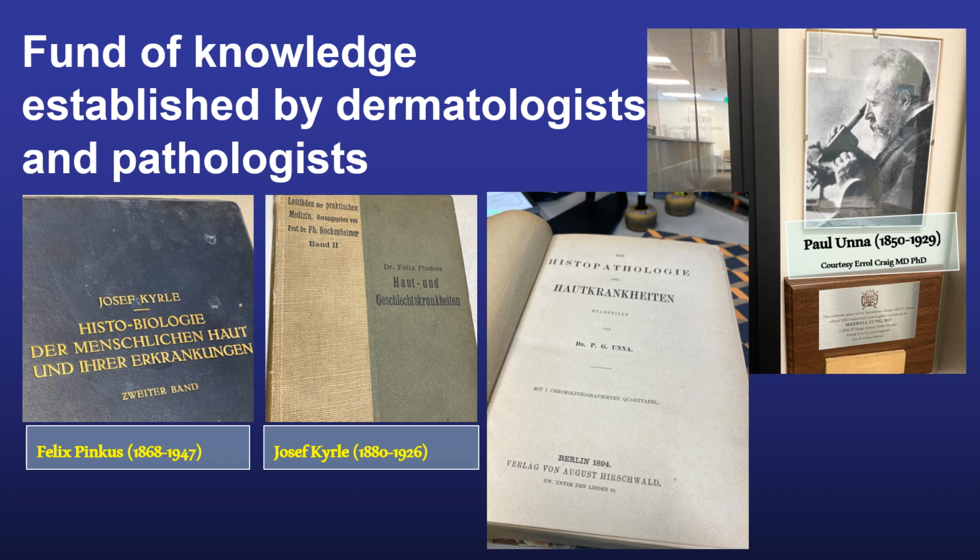I particularly remember Dr. Paul Unna, since I have a photograph of him on the wall in my office, just above a piece of the old basketball arena that the Sacramento Kings used to play on. During Dr. Unna's time in the late 19th and early 20th centuries, he was regarded as among the very top dermatologists in the world.